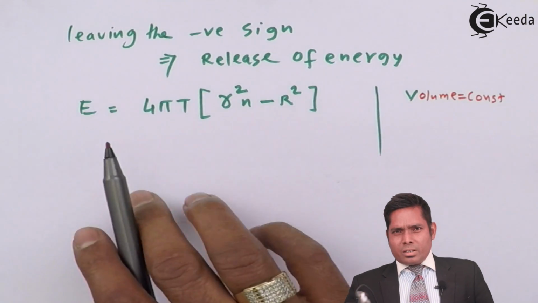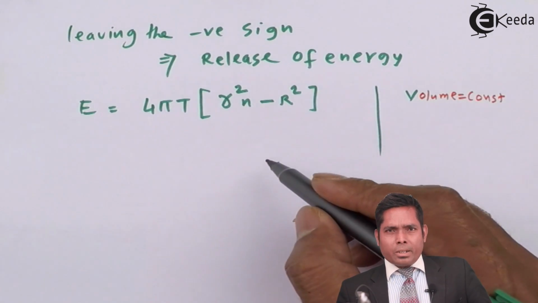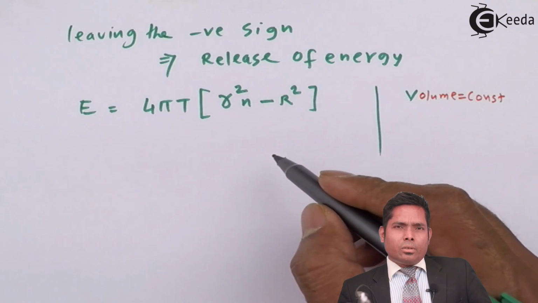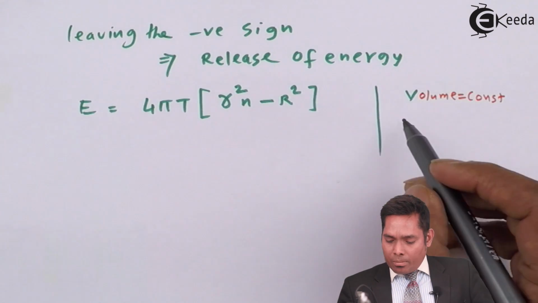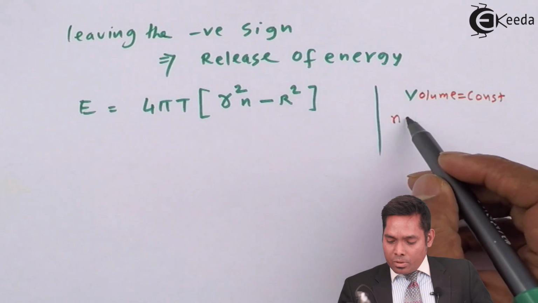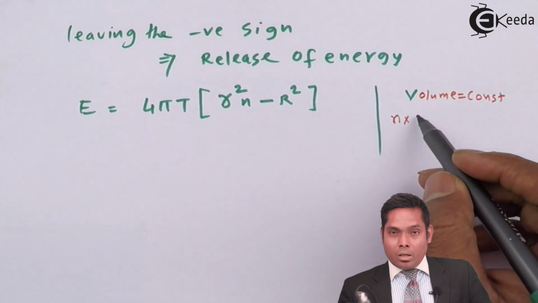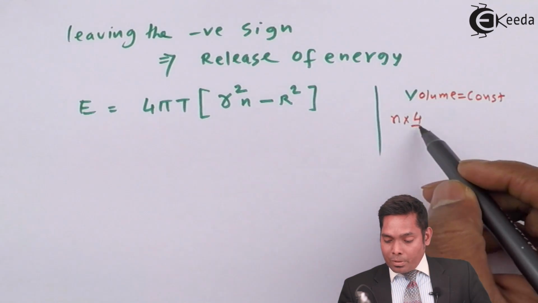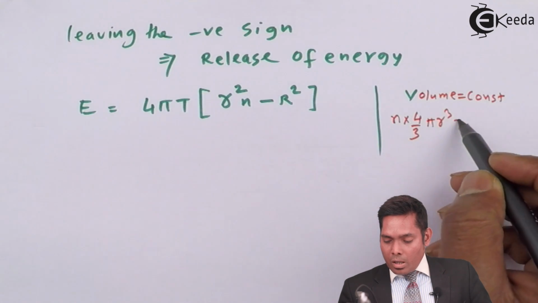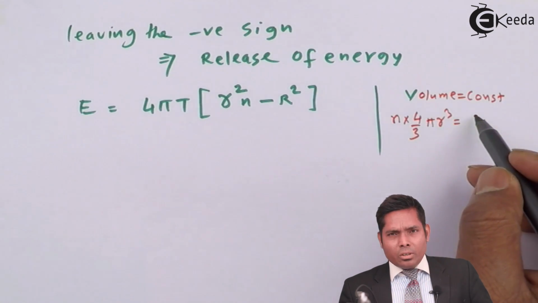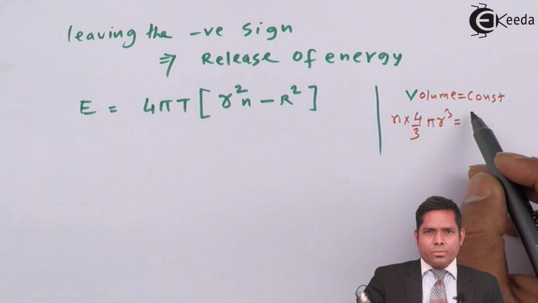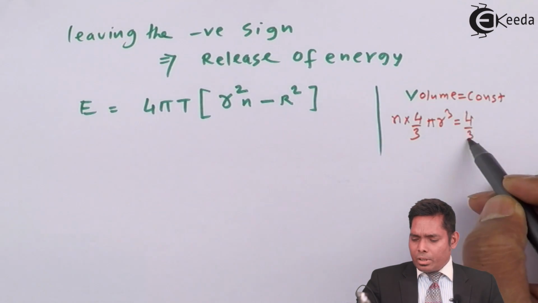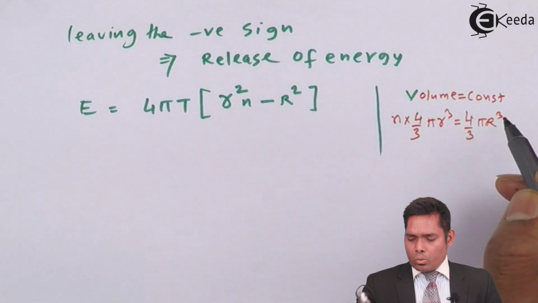From so many droplets to a single droplet, the volume will remain the same. Earlier the volume was n times, because there are n droplets. Each droplet has volume 4 upon 3 pi small r cube, and the single largest drop formed has volume 4 by 3 pi capital R cube.